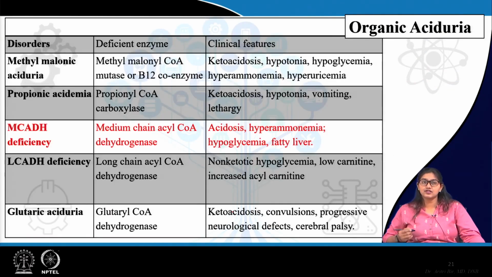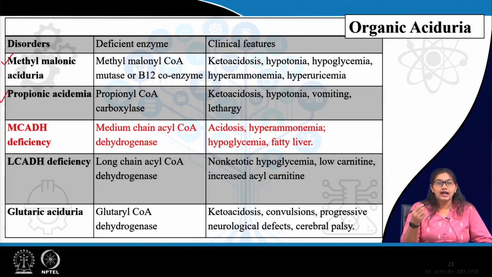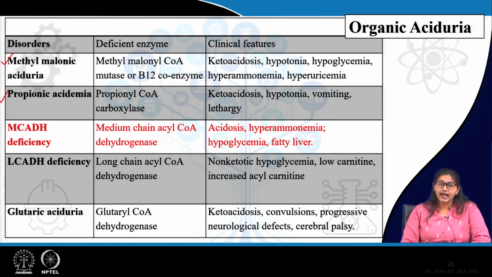So, these are the lists of organic aciduria, methylmalonic aciduria, propionic acidemia we already have discussed. Apart from that, acyl coenzyme A dehydrogenases we have discussed. There are different types of acyl coenzyme A dehydrogenases based on the chain length of fatty acid. There is short chain acyl coenzyme A dehydrogenase, based on that the deficiency will be manifested.